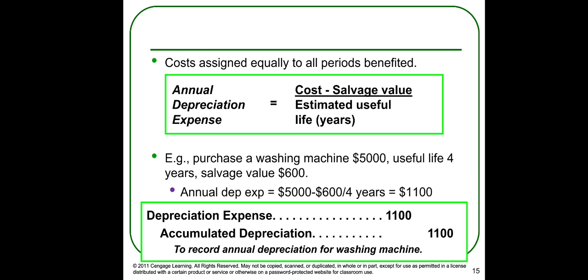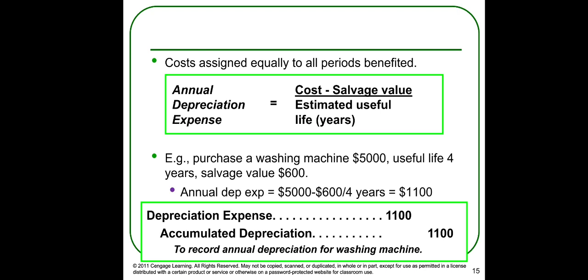The first step is you have to calculate the depreciation expense using the formula. Annual depreciation expense equals cost 5,000 minus salvage value $600 divided by the useful life 4 years. So the depreciation expense every year is $1,100. That is the first step.